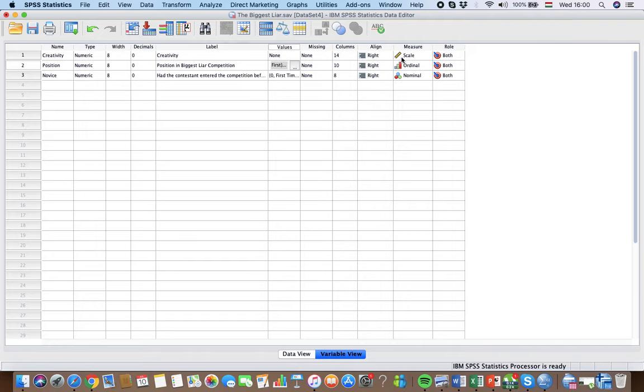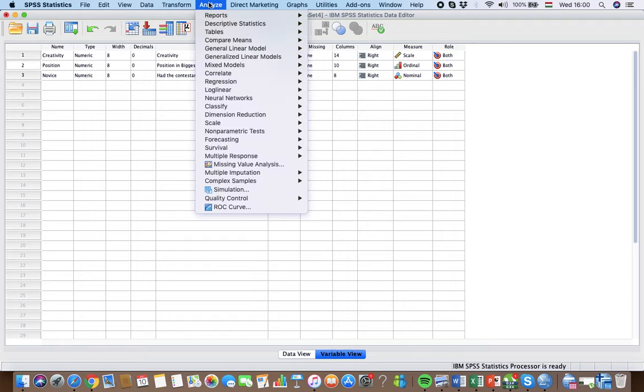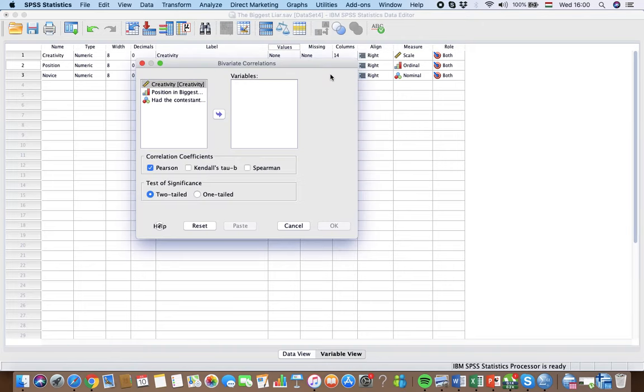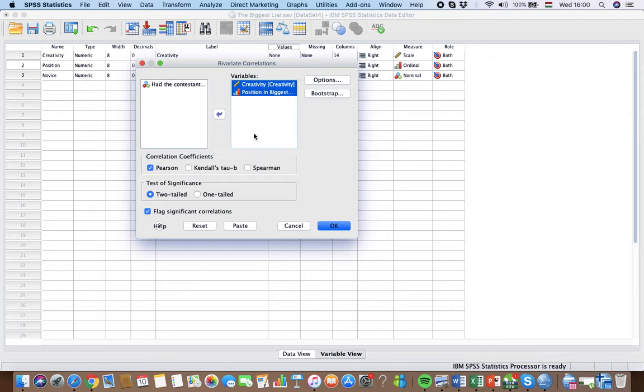Since we have interval data and ordinal data, because the data is ranked, we use the Spearman correlation. So again, you go to bivariate, you have these two variables, you choose the Spearman, and we have a hypothesis.